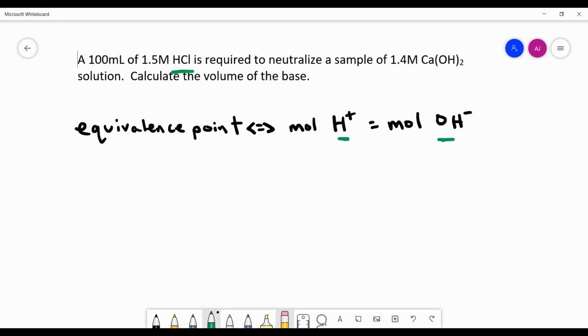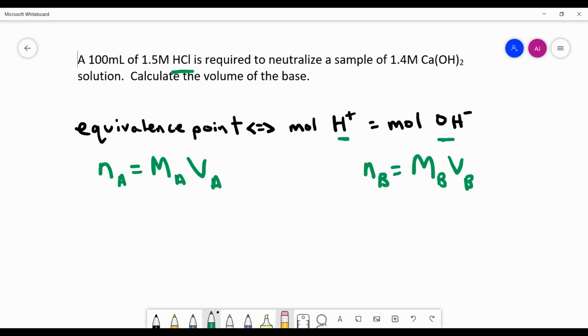We know through the molarity equation that the moles of the acid is equal to the concentration of the acid multiplied by its volume. The same thing is true for the moles of the base. The moles of the base is equal to its concentration multiplied by its volume.